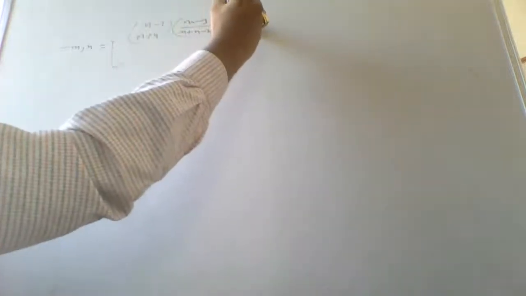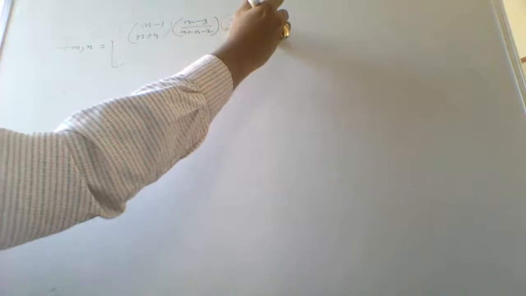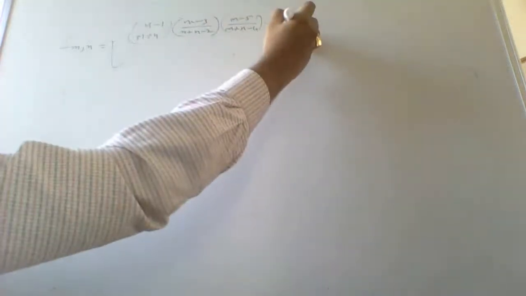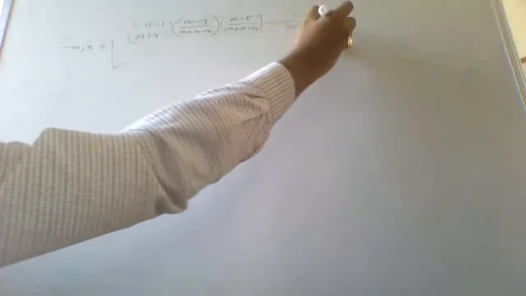Likewise, m minus 5 divided by m plus n minus 4, and so on. So that is into 2 divided by 3 plus n, I 1 comma n. This is for when you have m odd.